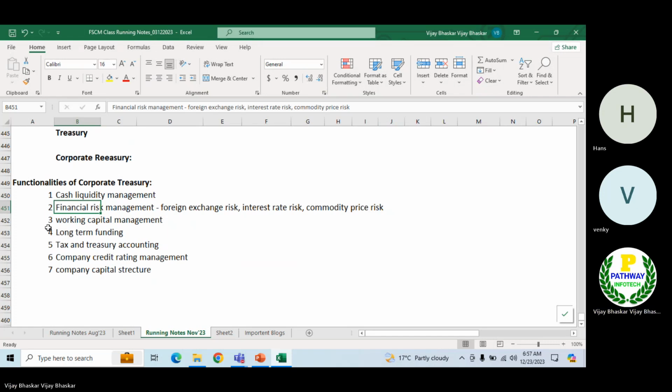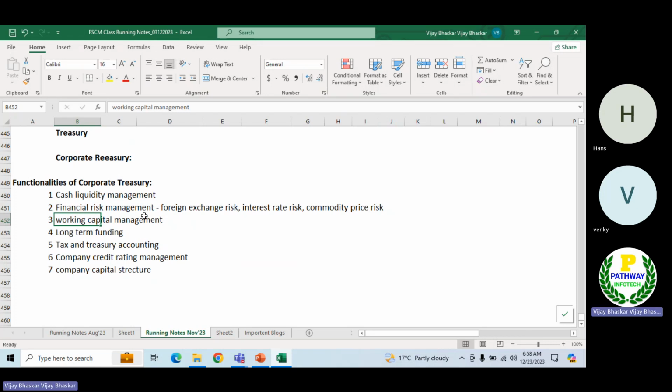Now let us come to working capital management. The third one. When I say working capital management, the cash manager or treasury department's predominant job is to have sufficient funds in their organization in order to repay the loans, the vendor payments, or the interest on borrowed loans, as well as to run the business.